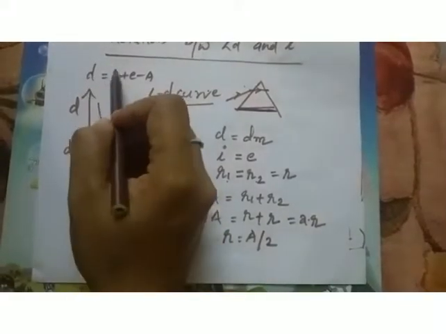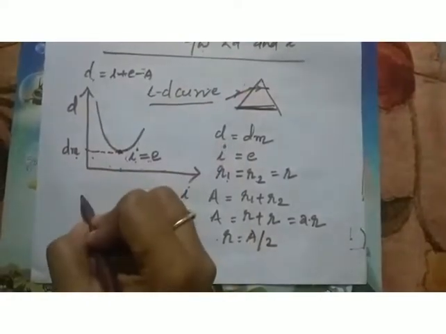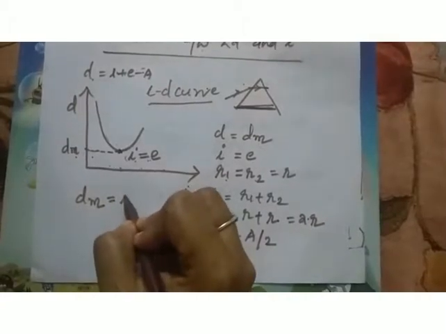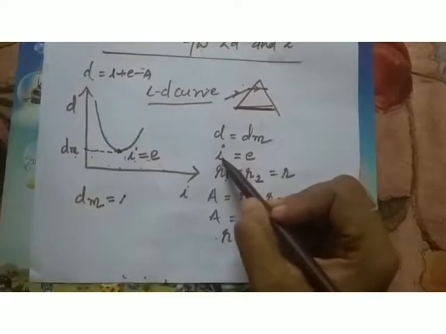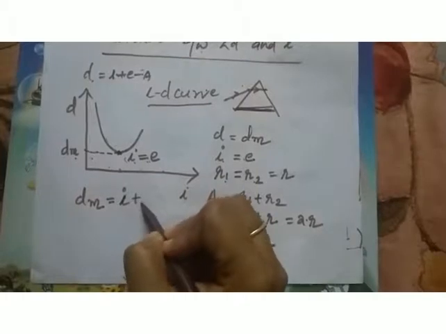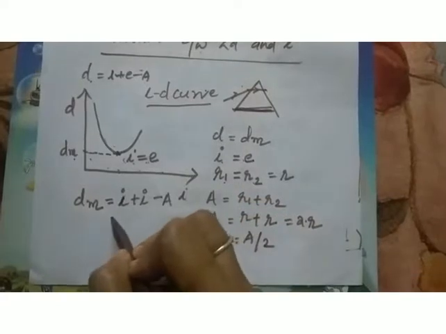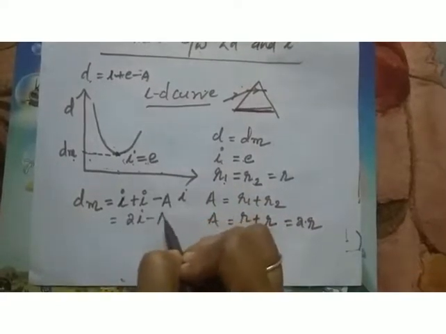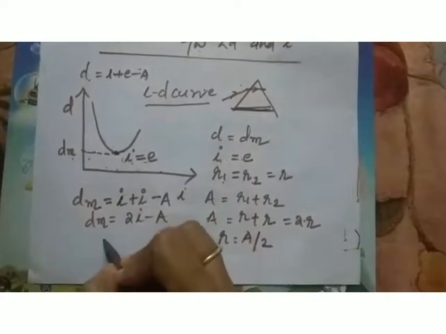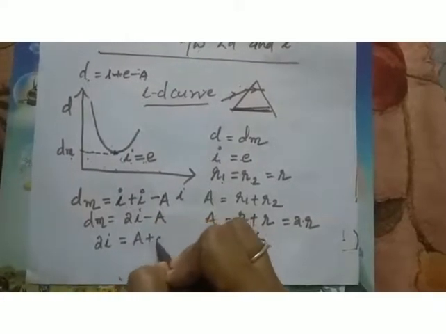And again, we got the relation D equal to I plus E minus A. So at the minimum deviation position, D is dm. So we can write dm is equal to I plus E minus A. You know that at the minimum deviation position, I is equal to E. So I plus E can be written as I plus I itself minus A, that is equal to 2I minus A. And from this you get 2I is equal to A plus dm.